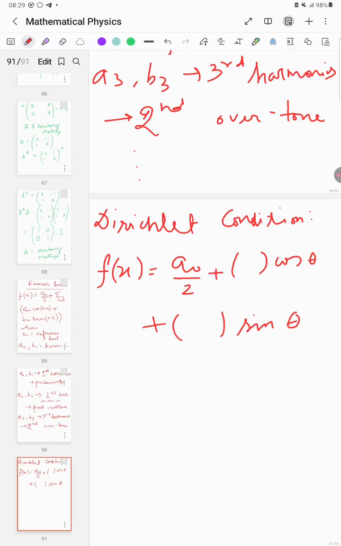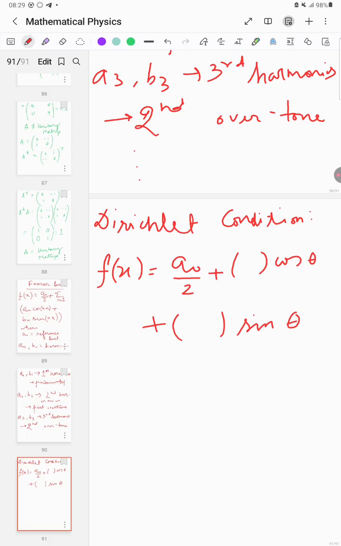A function is actually called single valued when it gives a particular answer at a particular point. But if a function gives more than one answer, like 2-3 values for a single point, then the function can be said to be non-single valued, right? Let us look into an example and things will get clearer.